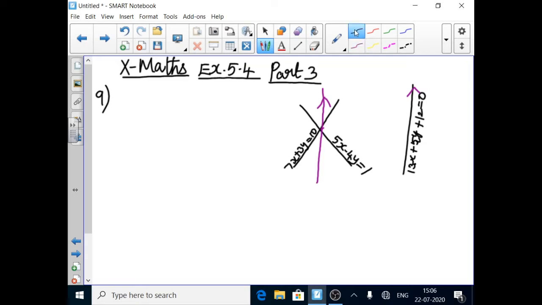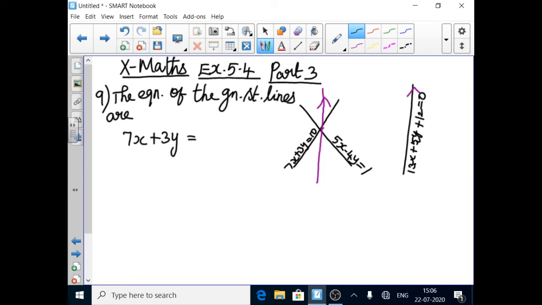Now we solve. Write the given equations one by one, as you do when solving in algebra. The given straight lines are 7x plus 3y is equal to 10, bringing the constant term to the right hand side, and another equation, 5x minus 4y is equal to 1.